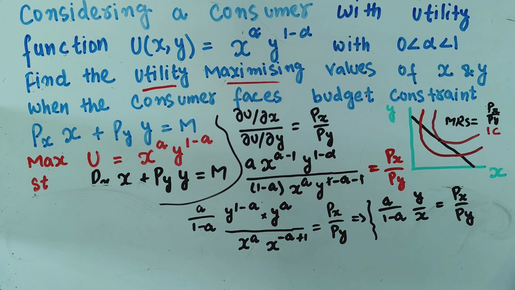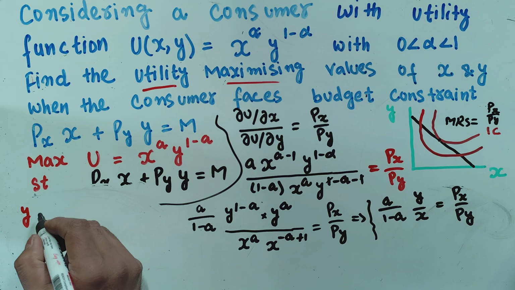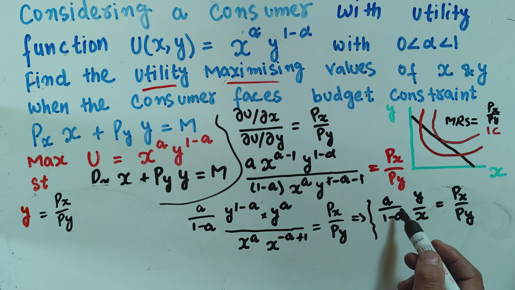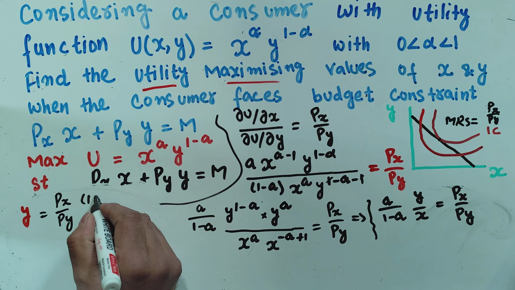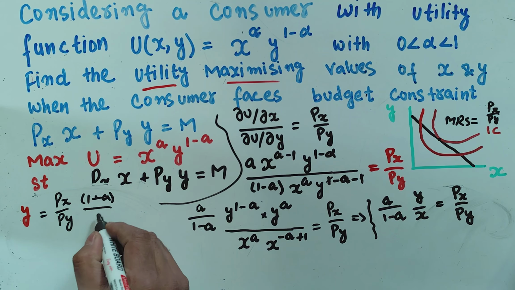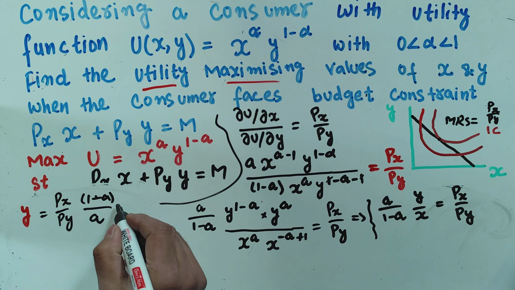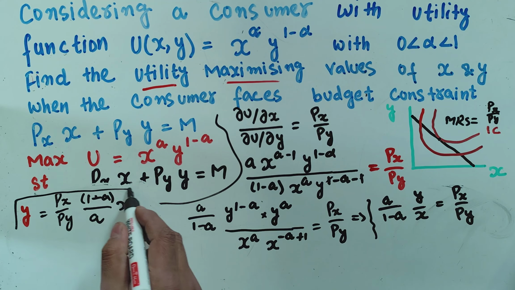Solving for y means y will be equal to px upon py. If I transpose this, it becomes 1 minus a divided by a, times x. It gets transposed but reciprocated. This is the value of y.